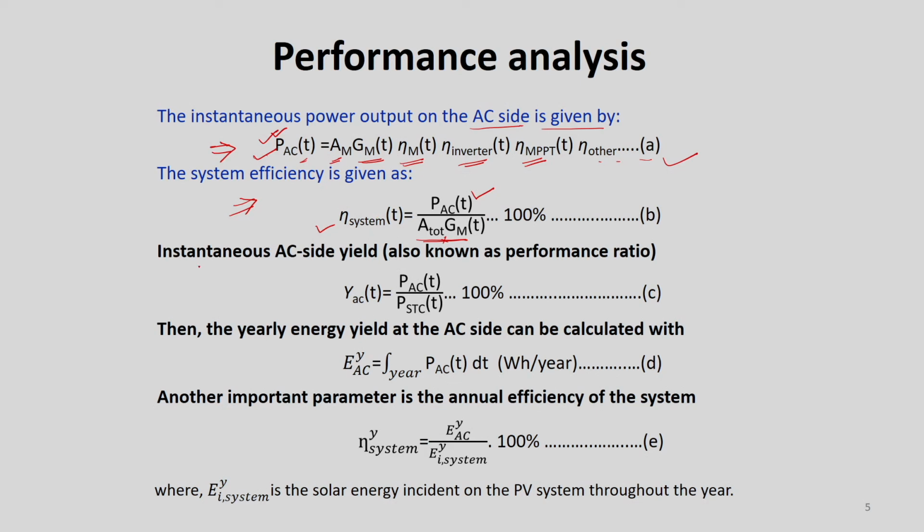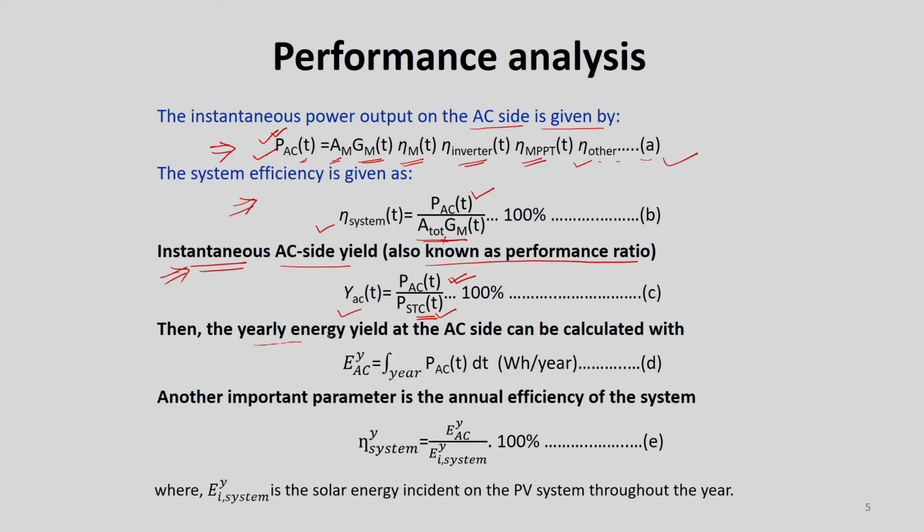Now, the instantaneous AC side yield is known as the performance ratio; this is instantaneous, we should keep in mind. It is P_AC relative to the power delivered by the PV array at STC, standard test condition, and this is the AC output. It takes care of all the losses.